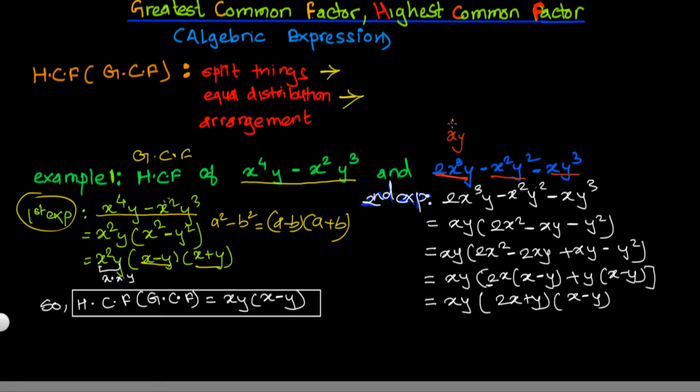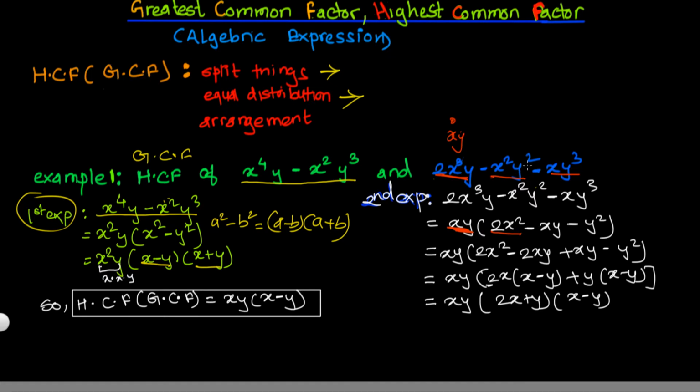We can take x common from all of them, and also y common. So xy will be the common factor of all of these. Whenever we take xy common, the first term of the second expression will have 2x square remaining, so we put it inside the bracket.